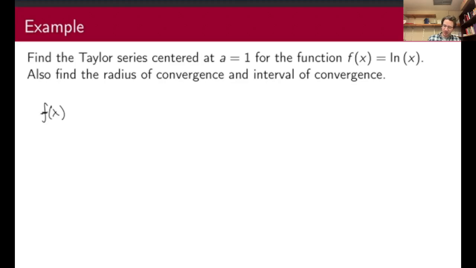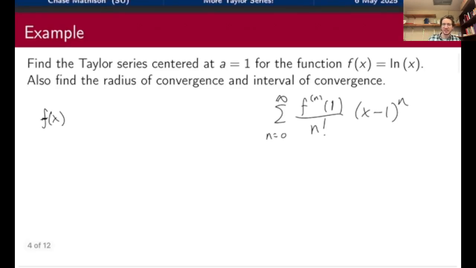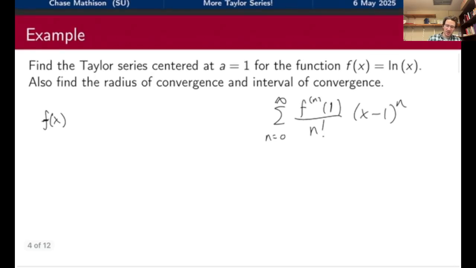So we're going to write the Taylor series, the sum n equals 0 to infinity of the nth derivative of f at a, and a is 1 here, over n factorial times x minus 1 to the n. So I need to start taking derivatives of f of x as natural log of x and plugging in 1 until I see a pattern. That's the general idea of how you approach these problems for a new Taylor series that you haven't seen before.